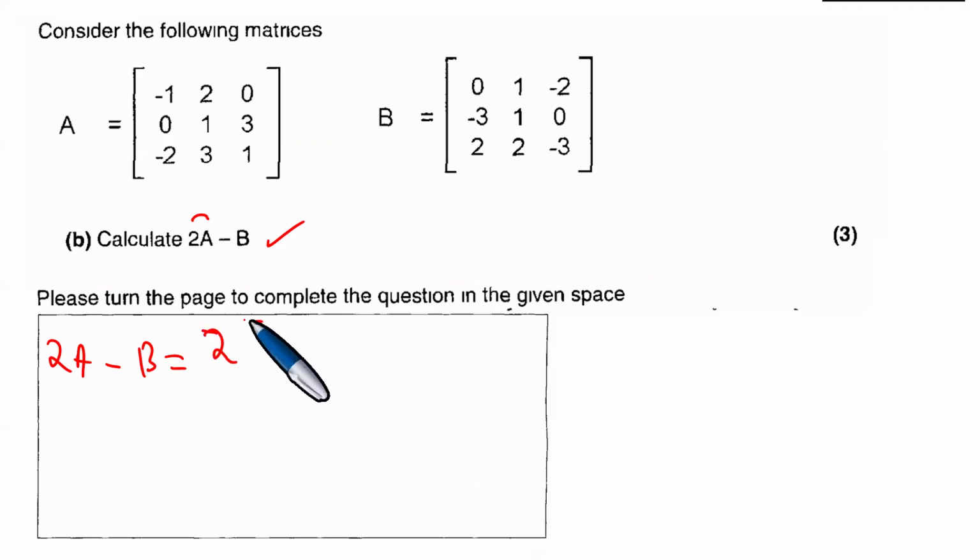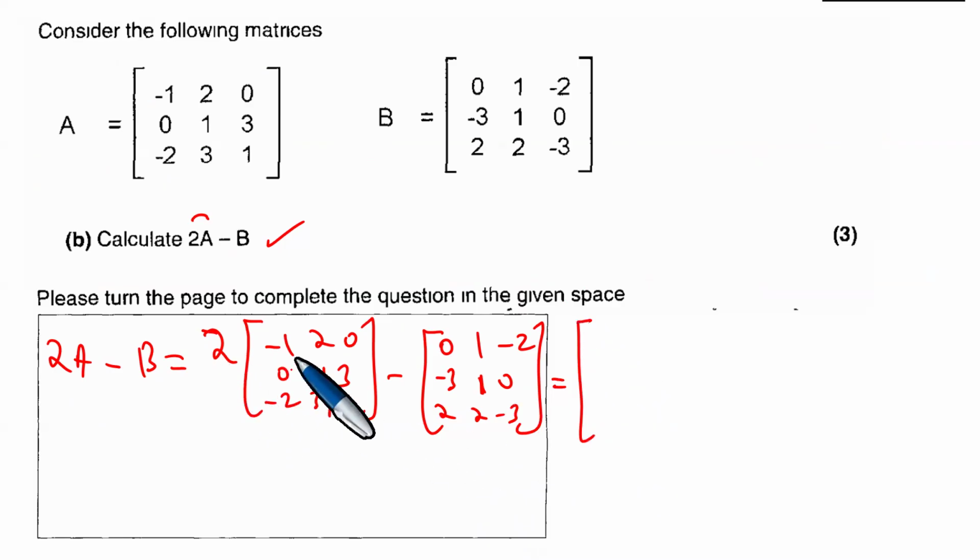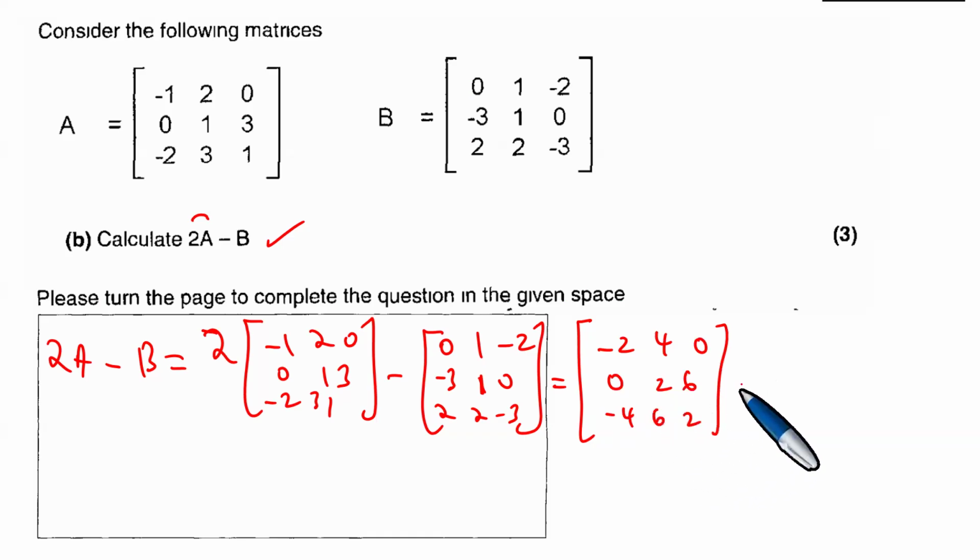But yeah, we're going to have 2 times the matrix A, which is -1, 2, 0, 0, 3, -2, minus the matrix B. Two times this is -2, 4, 0, 0, 6, -4.